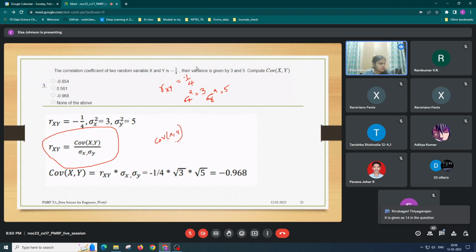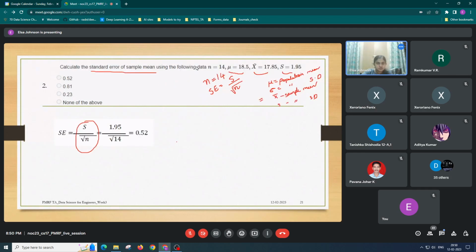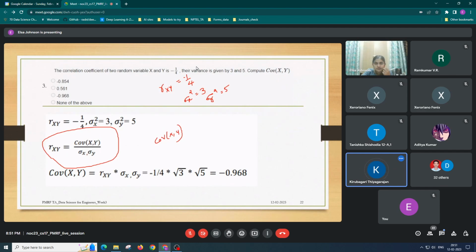It is given as 14 in the question. Which one? It is given that the correlation coefficient of two random variables x and y is 14, and the variances are given by 3 and 5. This is a different question. The options have been given.